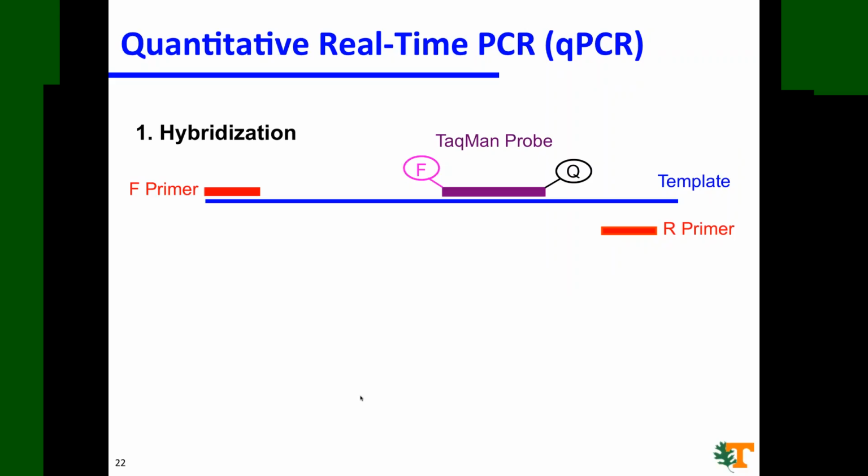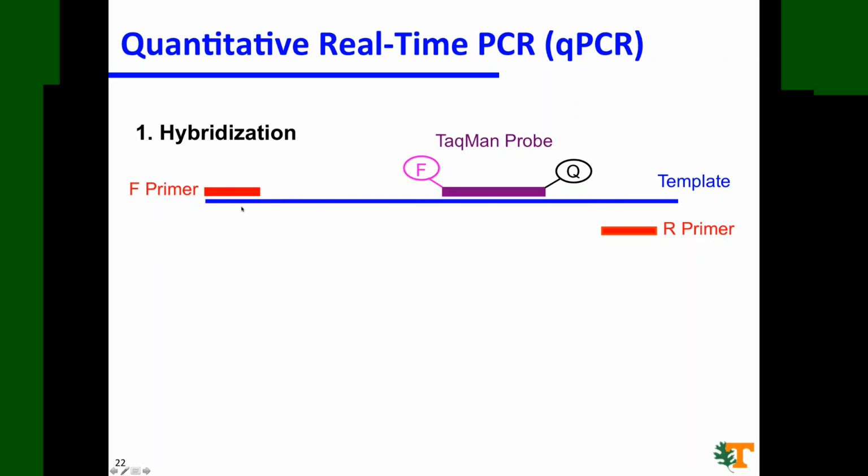Very briefly, quantitative PCR. You have a DNA molecule, you extract the DNA from your environmental sample, you heat it up, and when you heat it up, the double-stranded DNA separates, and what I have in blue here is a single-stranded DNA strand.